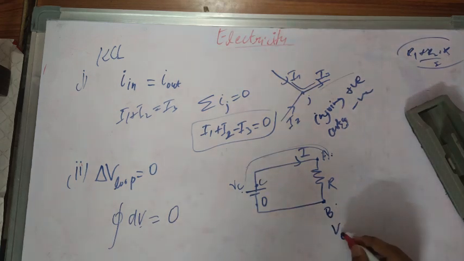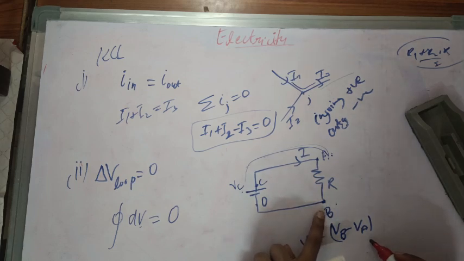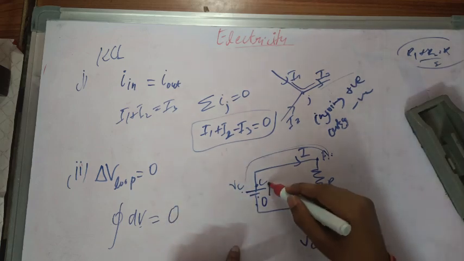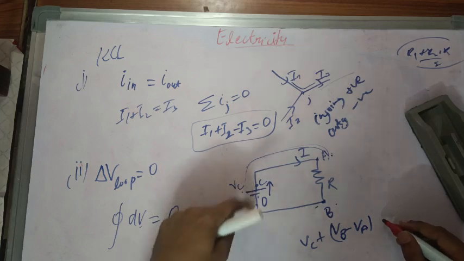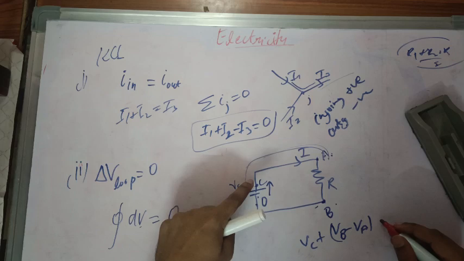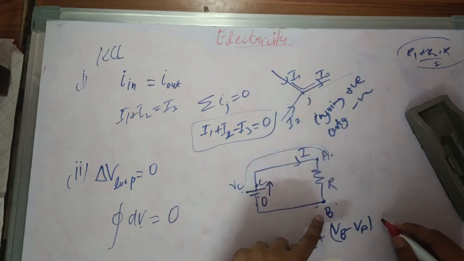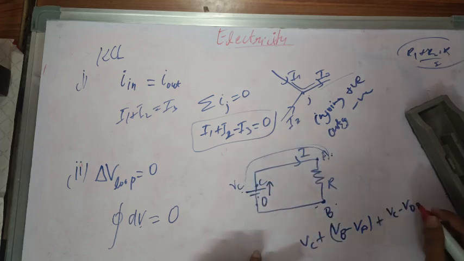So we will take VB minus VA added to this VC, and then the potential remains VB here, and now we will pass through this cell and get the potential difference, which in this case is VC minus VD. We started from VC, then the change was VB minus VA, which we added, and then VC minus VD, I guess.